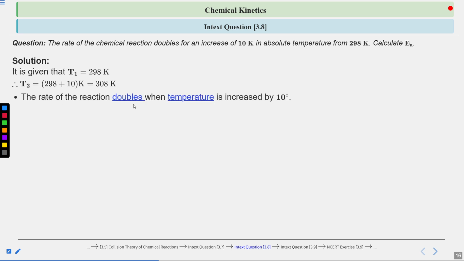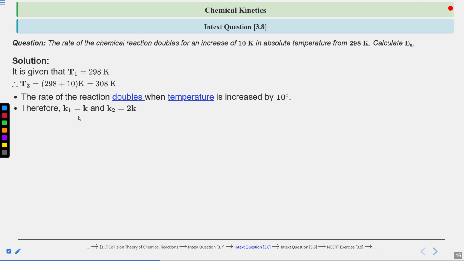Now, the rate of reaction will double when the temperature is increased by 10 degrees. It is also given in our question. Therefore, K1 is equal to K and K2 is equal to 2K.